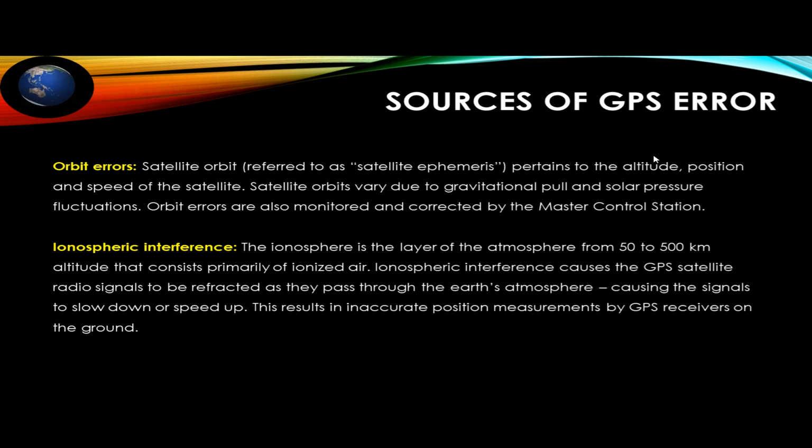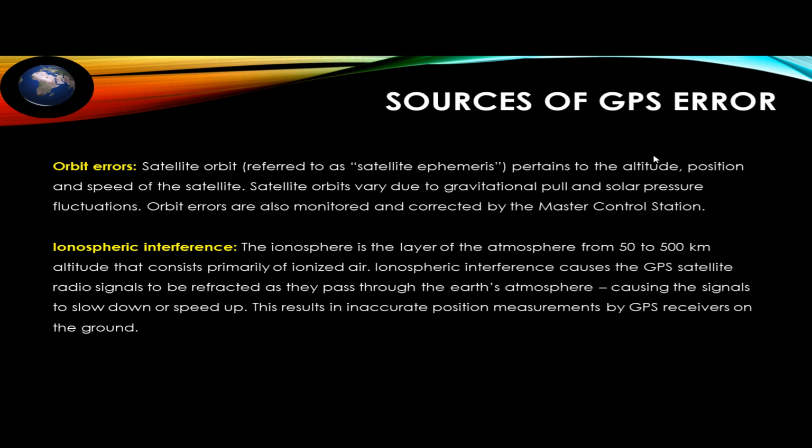Orbit errors are also monitored and corrected by the master control station. The master control station deals with everything connected to your space segment, like clock information, positioning information, whether it is navigating properly or not, its working health, and all the things of the space segment, and then it is transmitted to the user segment. So it has been taken care of.